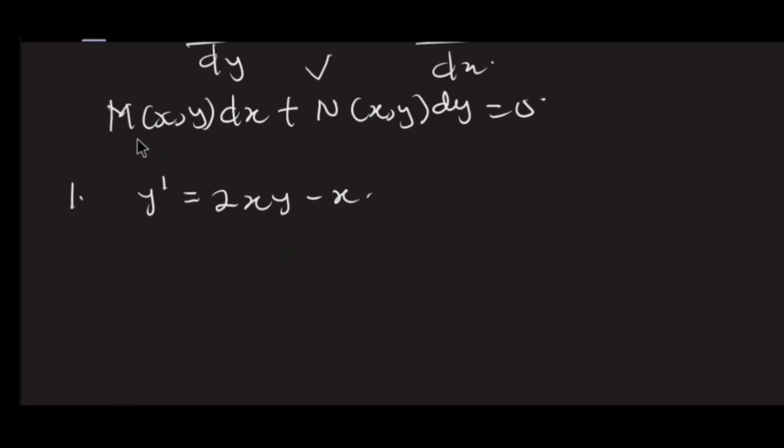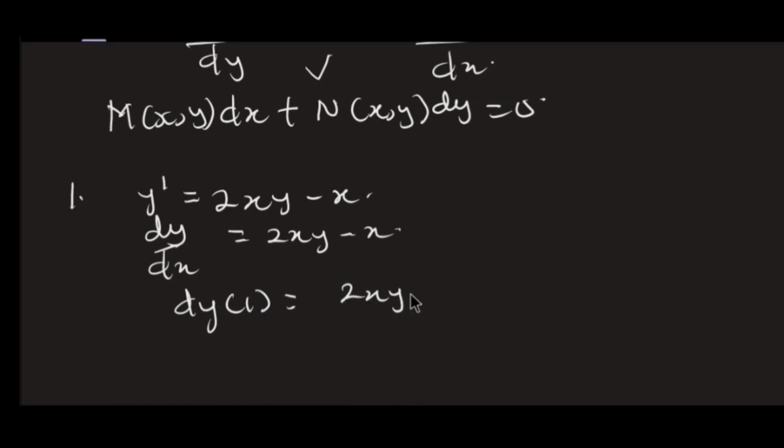We should express it in this form where the dx will be attached by a function of x,y, and the dy will be attached by a function of x,y. So we have to separate the dx and the dy. You know that this y prime here is the same as dy over dx, right? This is equal to 2xy minus x. At this point, I'll cross multiply to get dy multiplying 1 is equal to 2xy minus x multiplying dx.